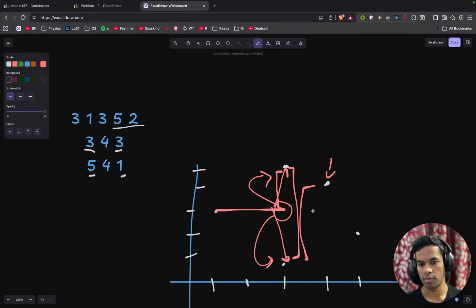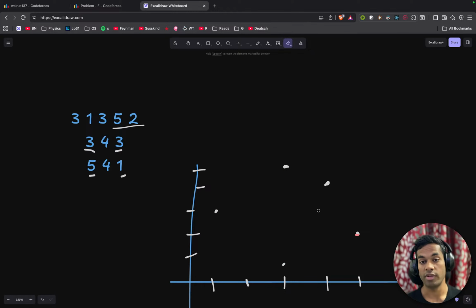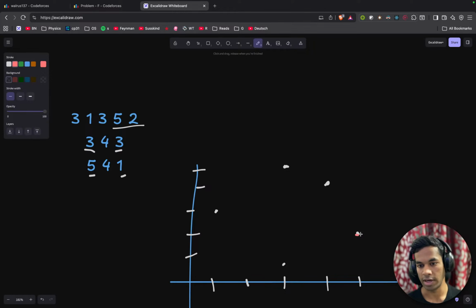So instead we have to look at the final point that we have to go to, and from there we will look at which point is closer and from which point it would be preferable to end up here.